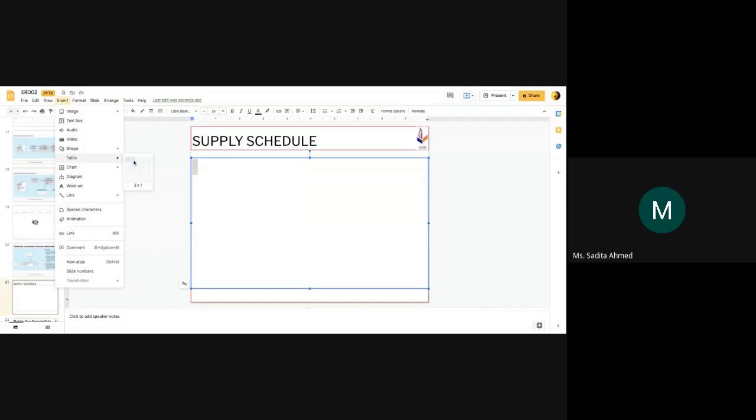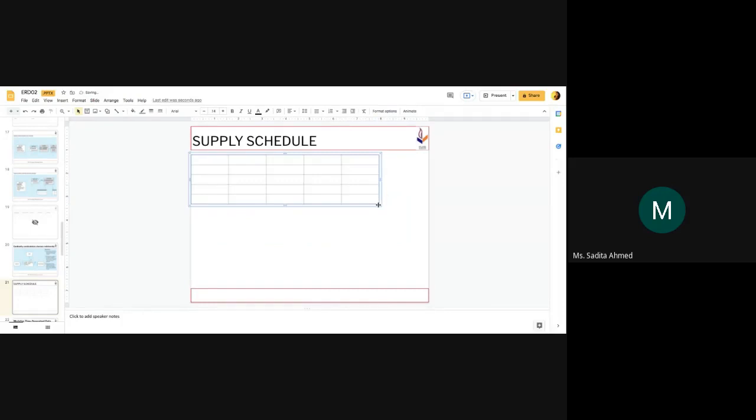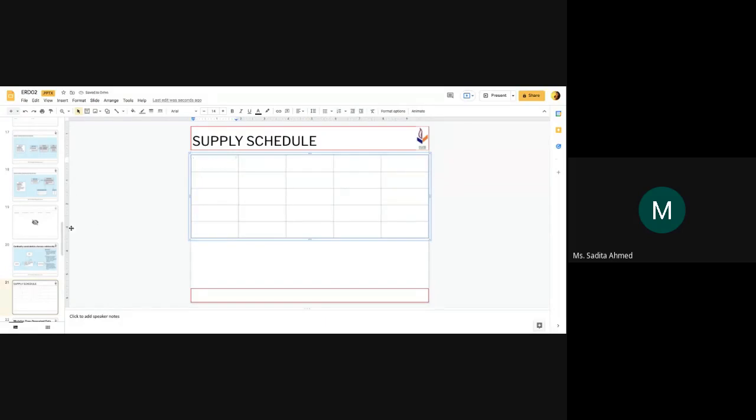Okay, so this is the supply schedule table, let's say.